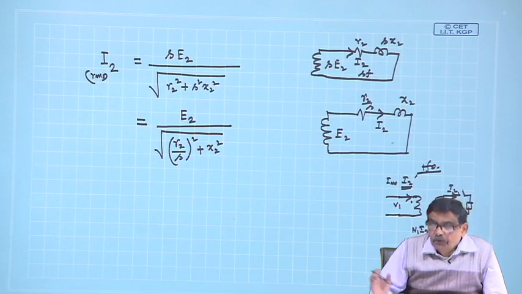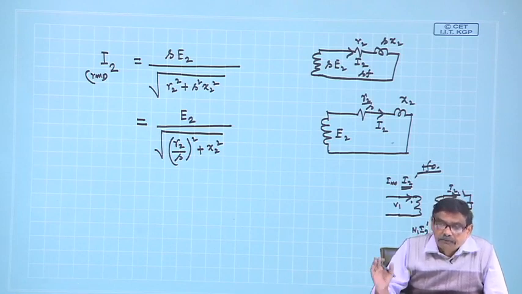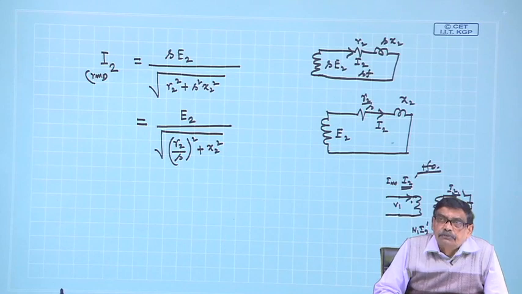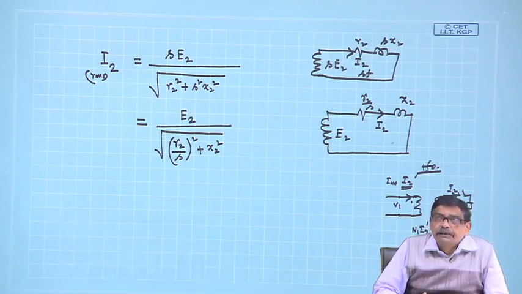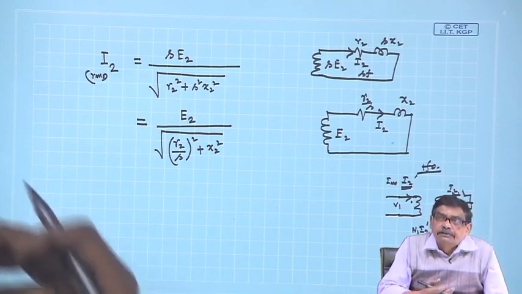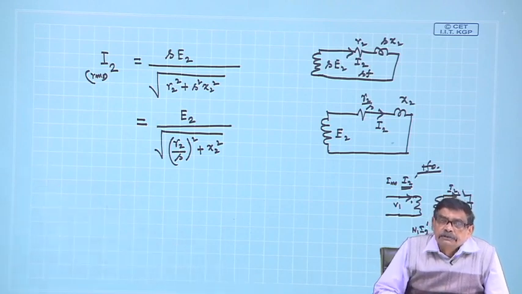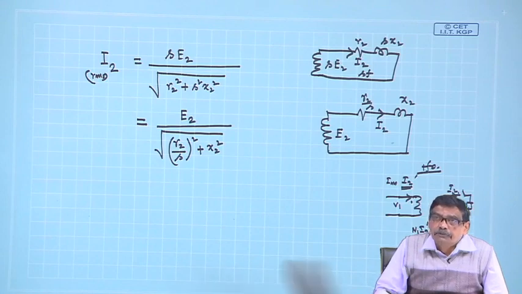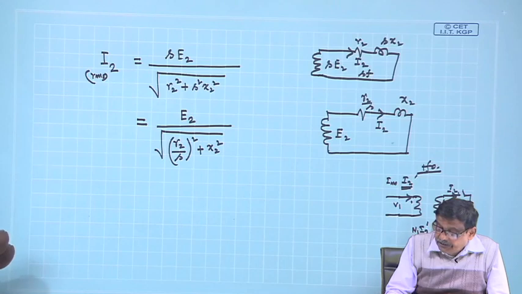If you close the secondary coil with some impedance, that is, you want to draw some current out of the secondary, the primary cannot remain a silent spectator to this. It will immediately react by drawing extra current I2 dashed, such that N1 I2 dashed is balanced by N2 I2, and these two MMFs will be in opposite direction.